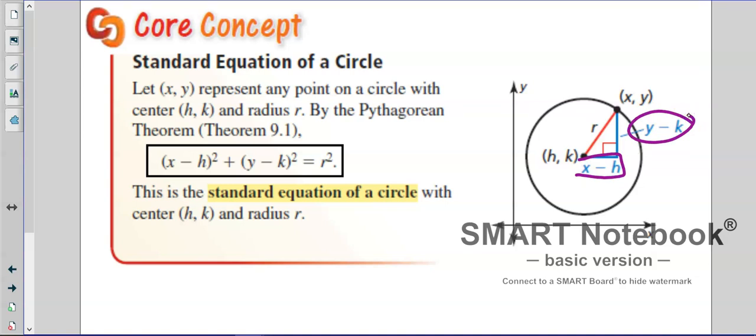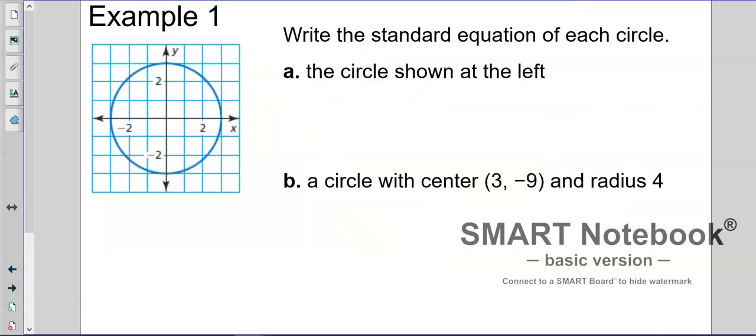So we basically have the Pythagorean theorem, a squared plus b squared equals c squared. This is the standard equation of a circle. h, k is our center, and r is the radius. Once again, it looks scarier than it really is.